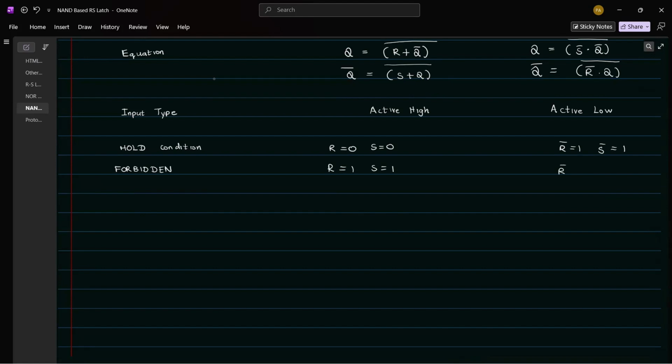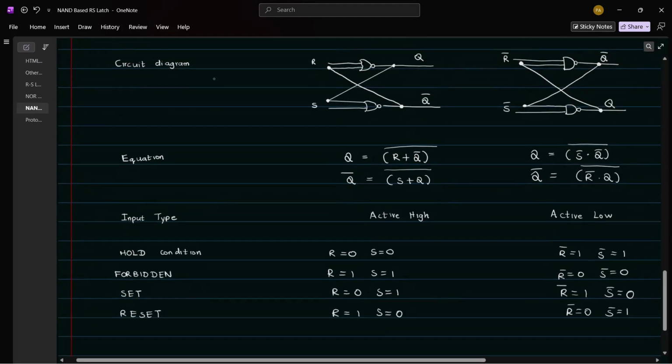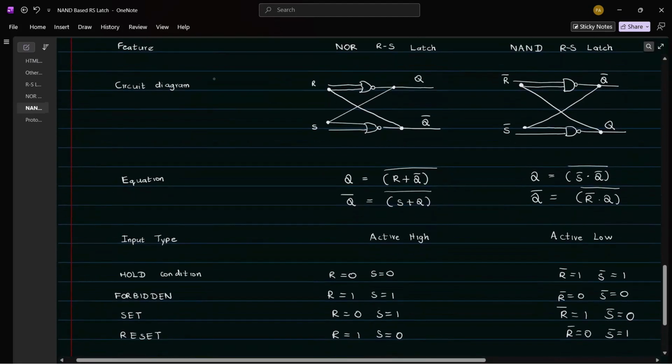Here, R bar is equal to 0 and S bar is equal to 0. For the set condition, we know R is equal to 0 and S is equal to 1. And here, R bar is equal to 1 and S bar is equal to 0. Finally, we have the reset condition, where R is equal to 1 and S is equal to 0. Similarly, R bar is equal to 0 and S bar is equal to 1. Pretty straightforward.